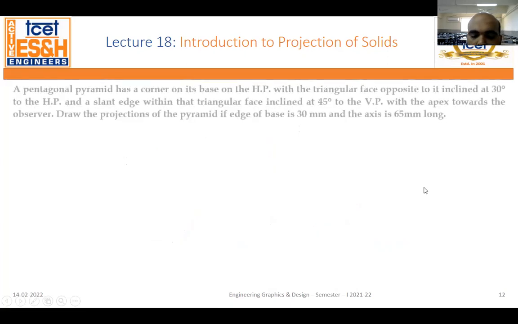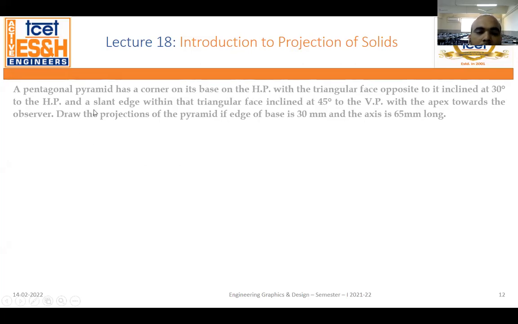So this is the question we are having in the case of solids. We will get such cases in solids. A pentagonal pyramid has a corner of its base on HP, with the triangular face opposite to it inclined at 30 degrees to the HP.